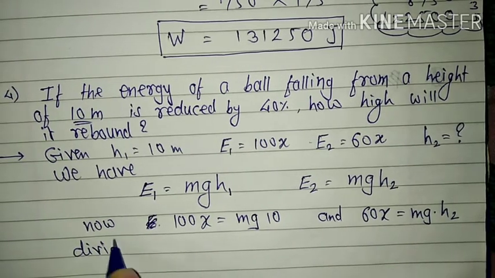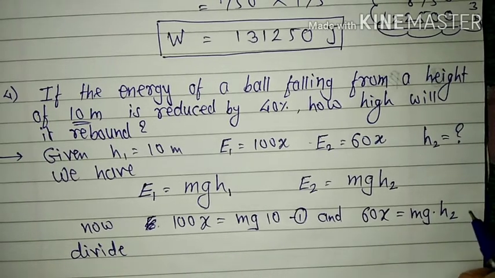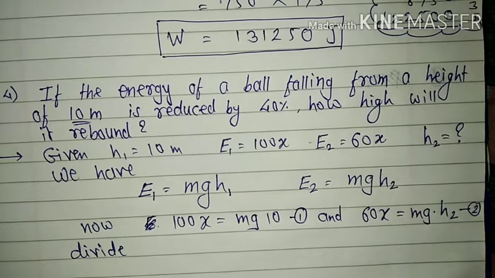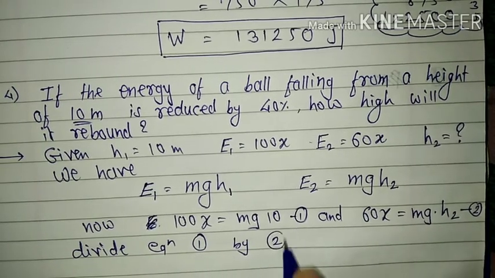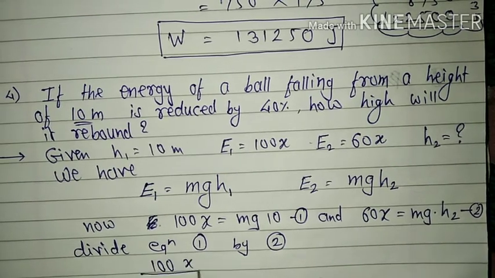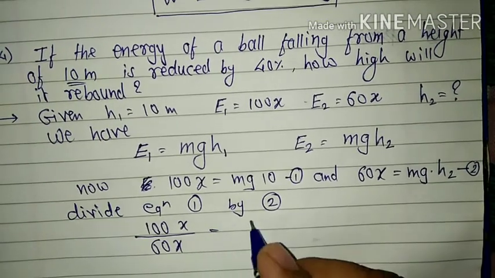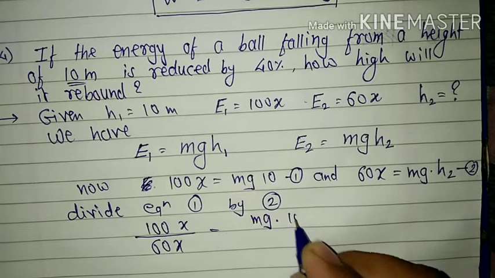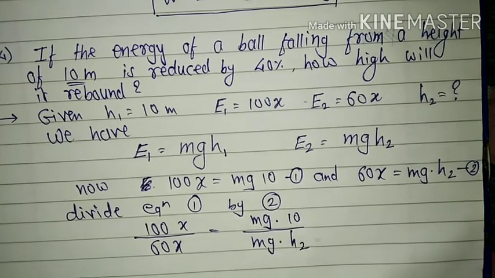I am taking this one is first, इसको नीचे लिखना चाहिए एंड टेकन डिवाइड इक्वेशन 1 by 2. तो कैन आई राइट 100x upon 60x is equal to mg into 10 upon mg into h2.